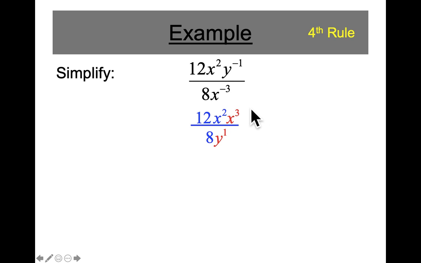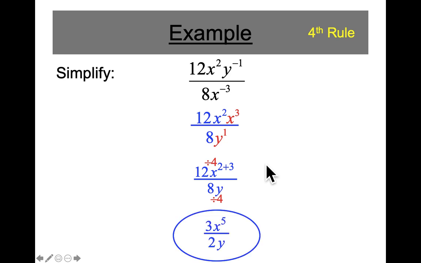This is a very interesting problem because it highlights how you need to flip this term and flip this term to the other parts of the fraction. So now this one becomes very easy to solve. It's going to be x to the 2 plus 3. And we have a common factor of 4 between 12 and 8. So we'll end up with 3 times x to the 5th over 2y.